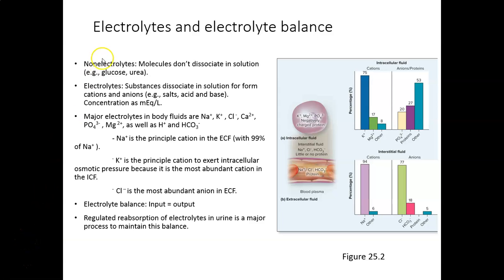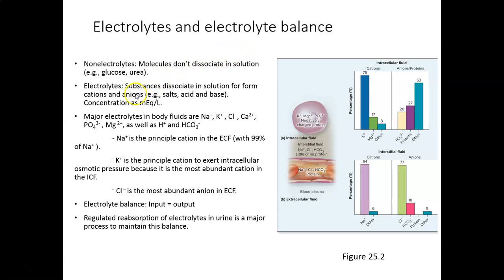What is electrolytes? Right, electrolytes, if based on the name, they are charged, right? Then why they are charged? How do we produce those particles, those substrates that are charged? Well, if you still remember in A&P 1, we talked about when substances dissolve in water.